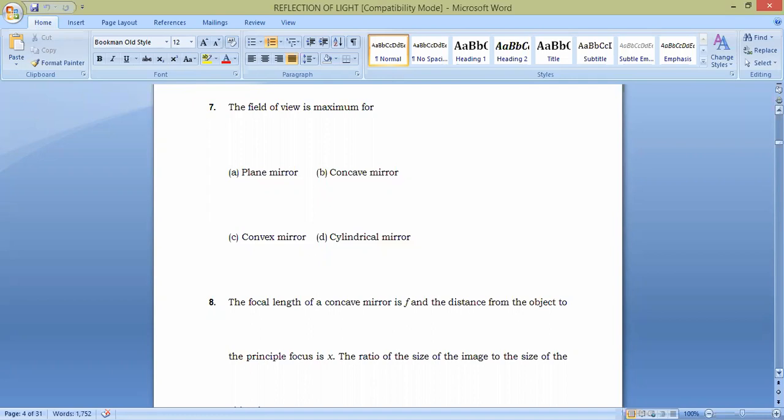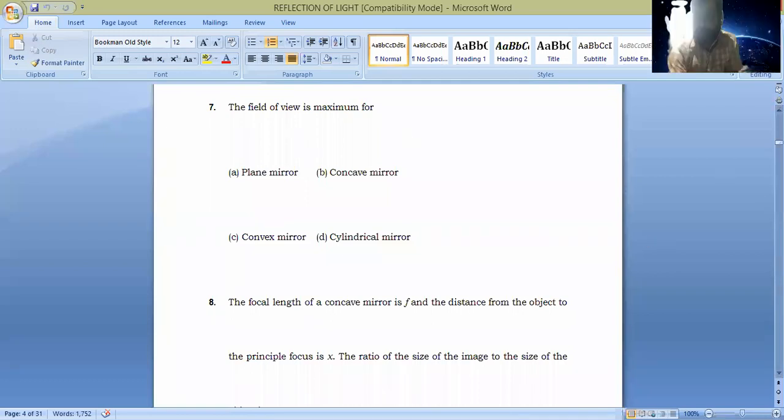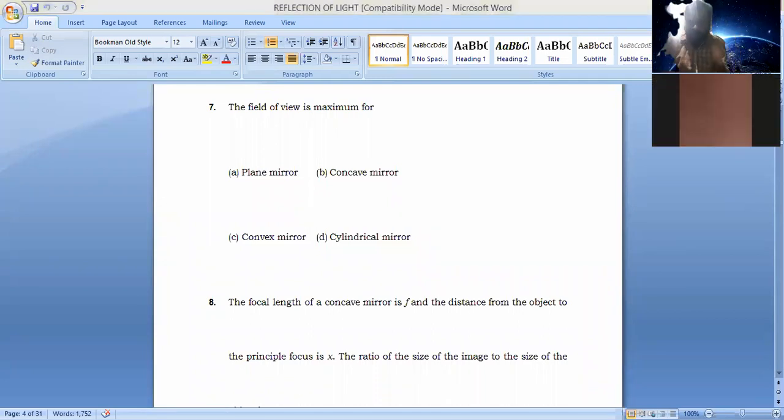Field of view means, suppose, for example, whenever I'm watching the laptop screen, I am watching the screen in this area. Can you see? That means in this plane or in this area, I am watching the screen. That can be called the field of view.